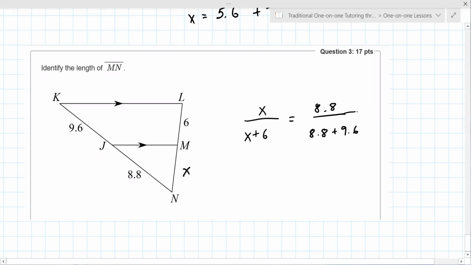This is what you should have written for your setup here with the triangles. So let me know if you got something different than that.